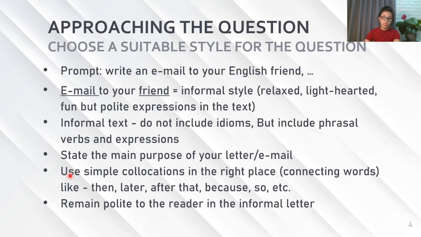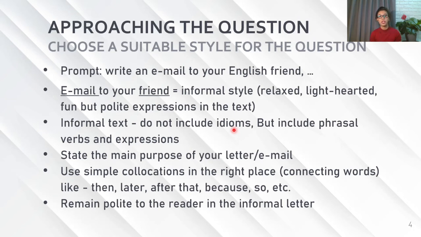All right, so the next one is to use simple collocations in the right place. Collocations means simply connecting words. Examples are then, and then, later, after that, because, so, etc. You don't actually have to write therefore or thenceforth or having said this.